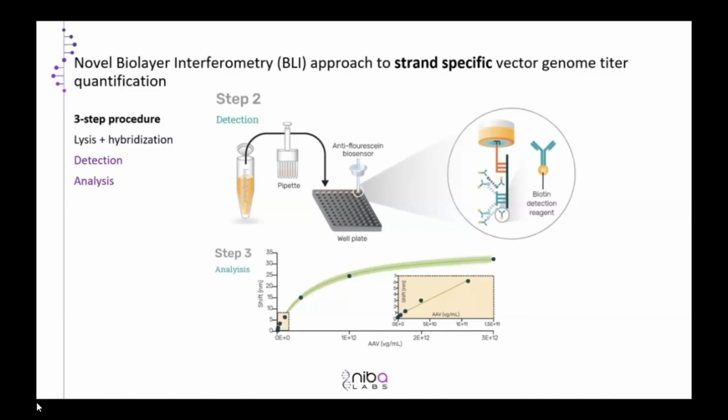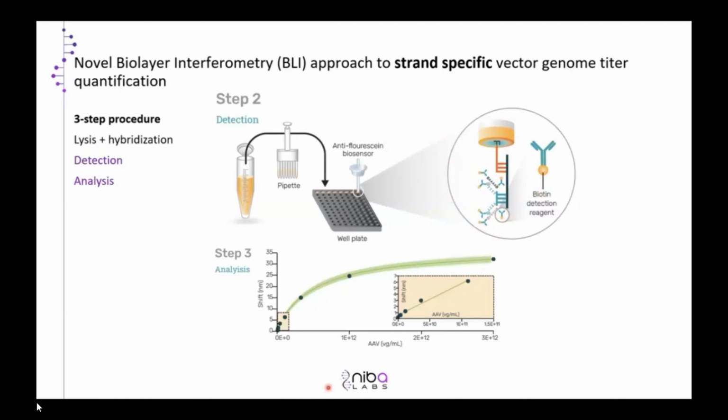We put it in the machine and we get the binding to the probes from the fluorescein part using an anti-fluorescein biosensor, and the other oligo acts as a target for biotin detection that helps improve the signal intensity.